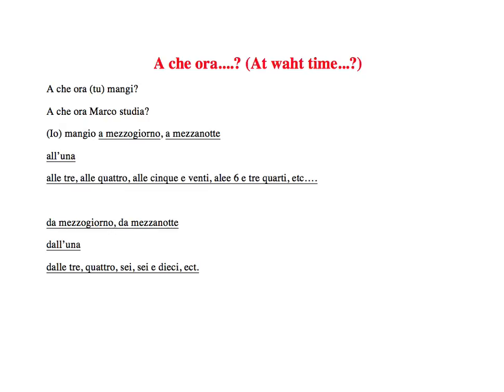So da mezzogiorno, da mezzanotte, dall'una, dalle 3, dalle 4, dalle 6, eccetera, eccetera, means from midnight, from noon, and remember, even when it could be like from mezzogiorno e mezzo, from noon and a half, from mezzanotte e 10.